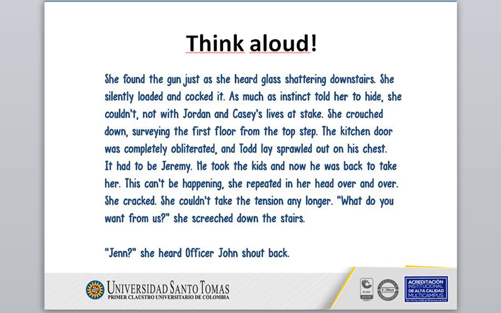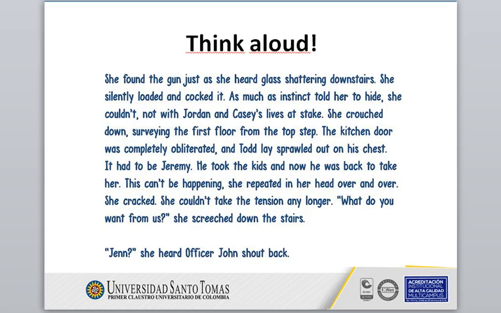And the story starts. She found the gun just as she heard glass shattering downstairs. Why? She silently loaded and cocked it. As much as instinct told her to hide, she couldn't, not with Jordan and Casey's lives at stake. Who are these people in the story? She crouched down, surveying the first floor from the top step. The kitchen door was completely obliterated, and Todd lay sprawled out, shot in his chest.